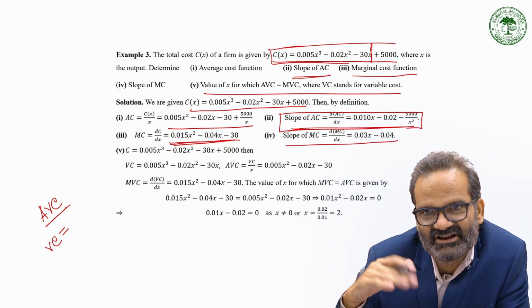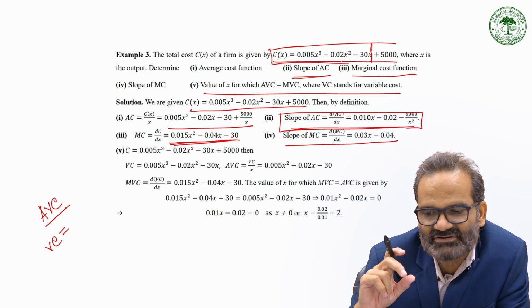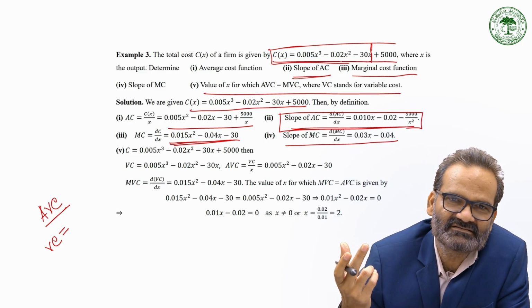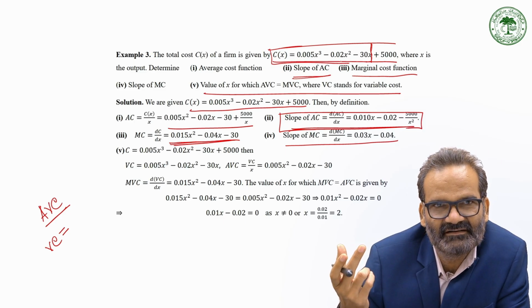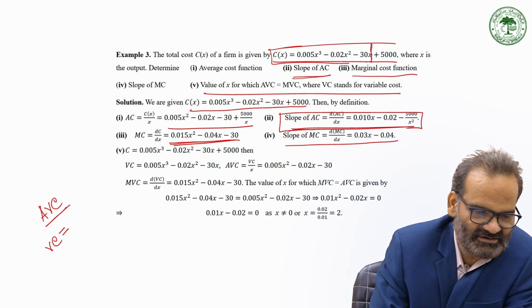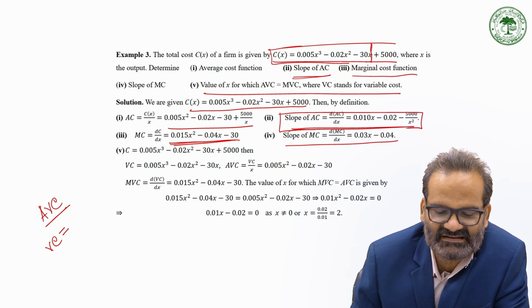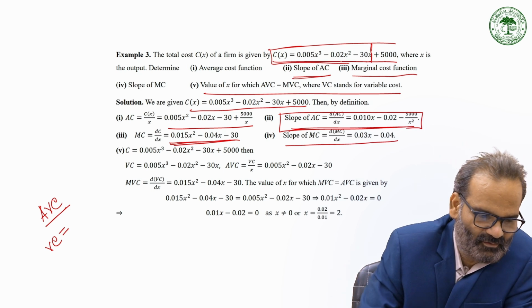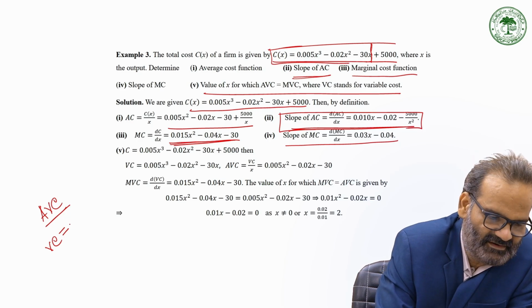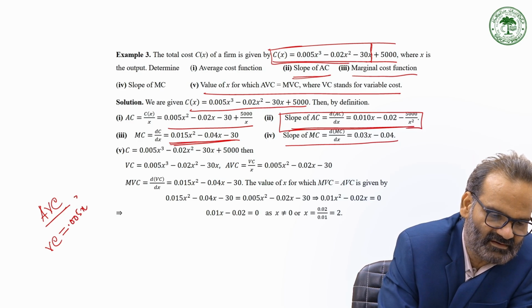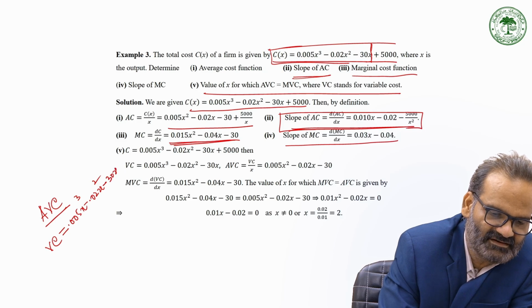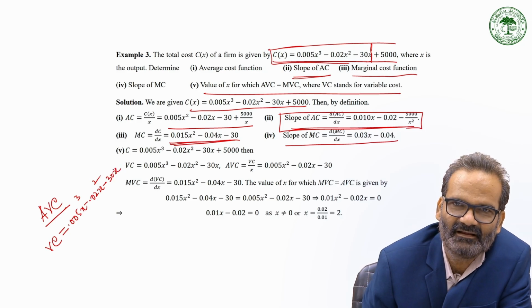Whenever x changes, this portion will also change. 5,000 is a fixed number, so it should be treated as a fixed cost. So this portion should be considered as the variable cost. So variable cost will be equal to 0.005 x power 3 minus 0.02 x square minus 30x. This is your variable cost, right?